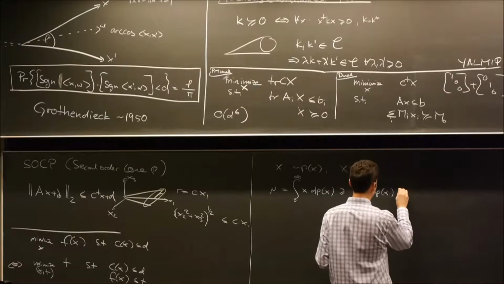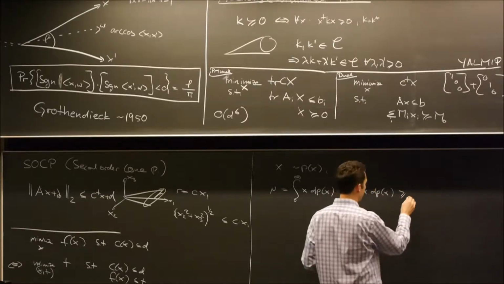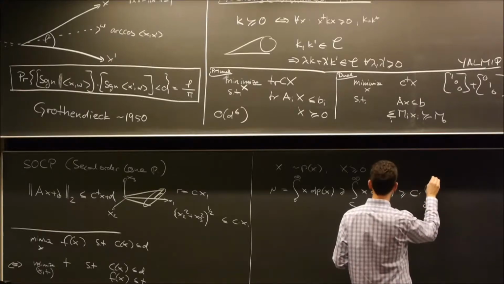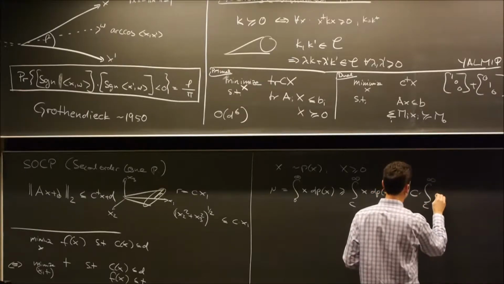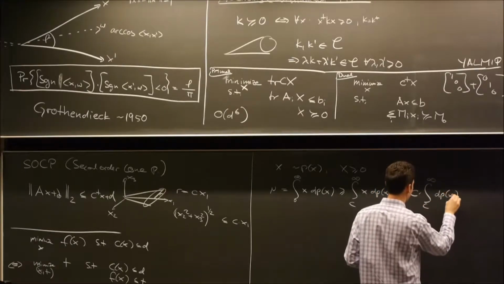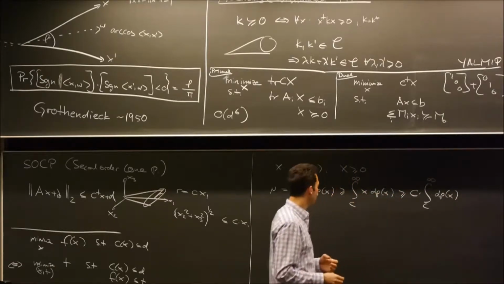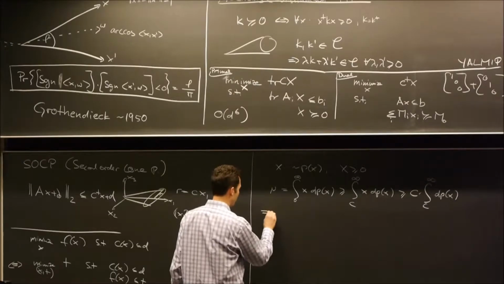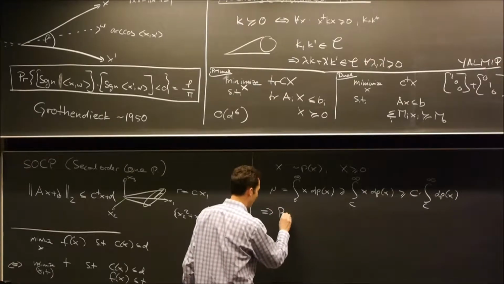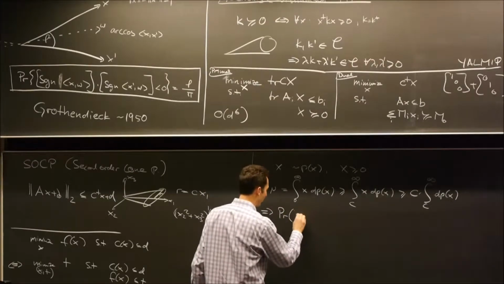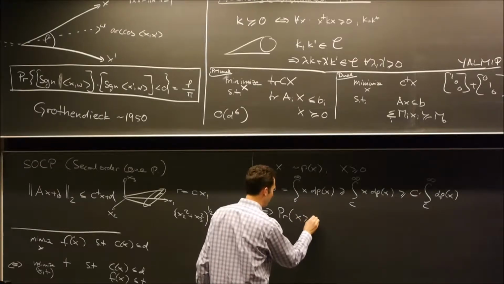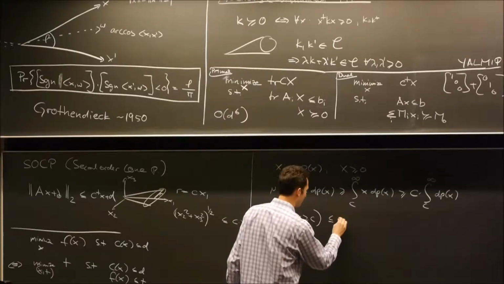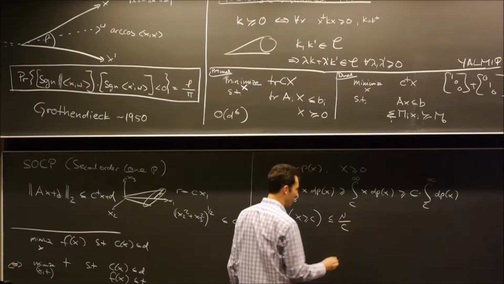Which is, again, greater or equal than this constant times the integral going from the constant to infinity of dp of x. So what we've just proven is that the probability of x being greater or equal than some constant c is less or equal than mu over c.